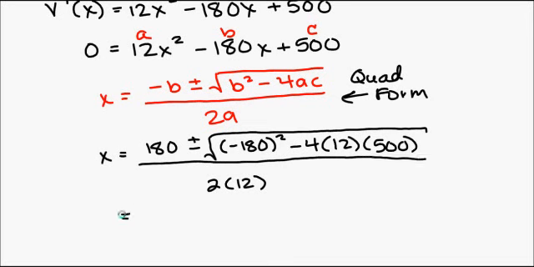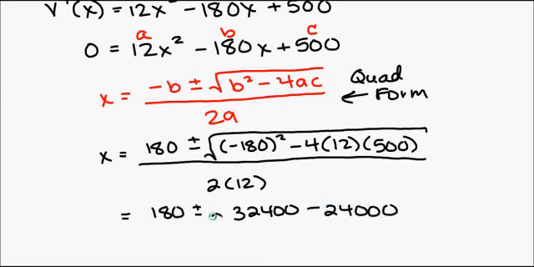Okay. So 180 plus or minus, negative 180 squared is 32400 minus 4 times 12 times 500 is 24000. Okay, all over 24.